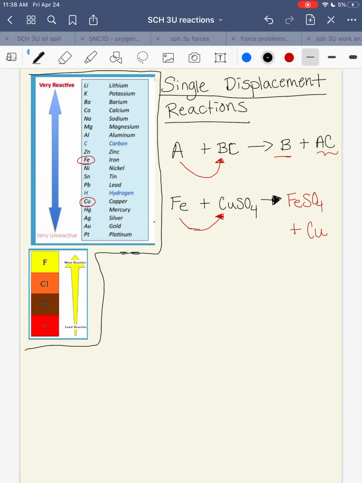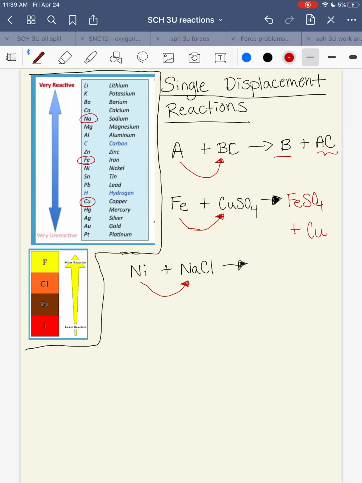So let's look at another example. This time we're going to have nickel, and it's going to react with sodium chloride. If this reaction is going to happen, my nickel is going to have to replace my sodium. So I need to look for nickel and sodium on my activity series.